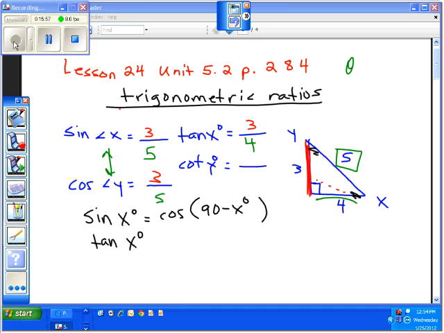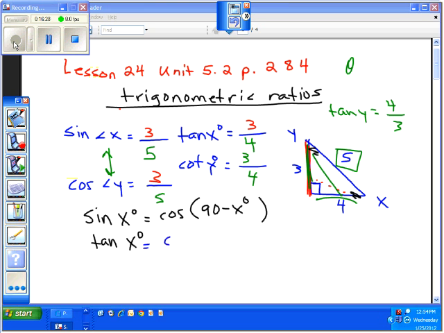What's cotangent? The reciprocal of tangent, right? So if we thought about the tangent of y, the tangent of y would be the leg opposite y, 4, over the leg adjacent to y, 3, but the reciprocal of that is 3/4.